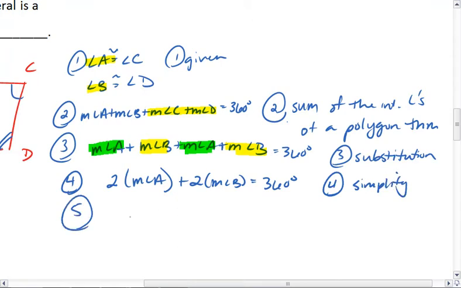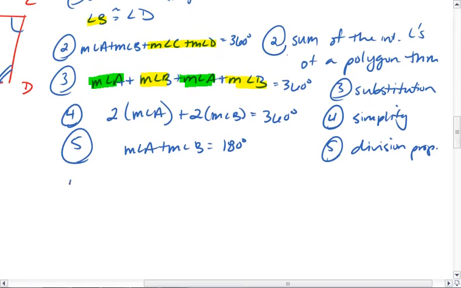If we divide both sides through by 2, we get the measure of angle A plus the measure of angle B equals 180. That's division. Which means that angle A and angle B are supplementary.